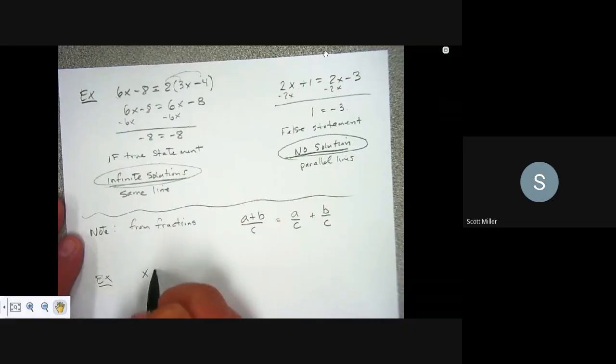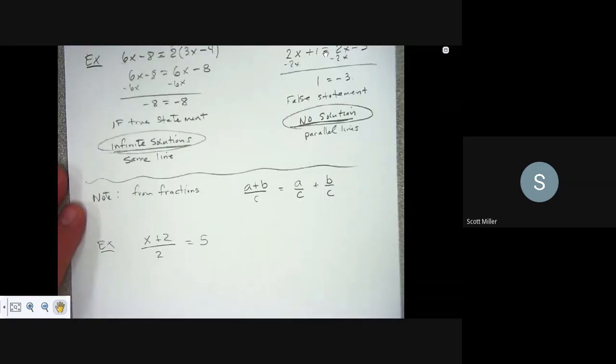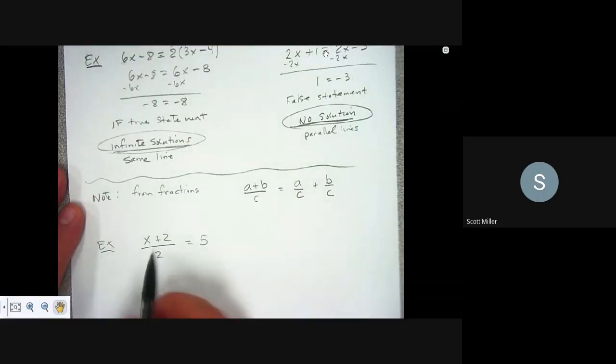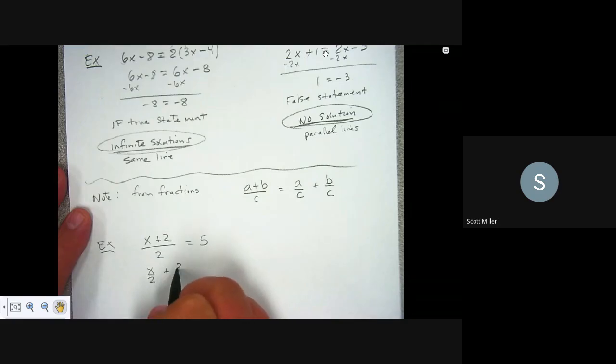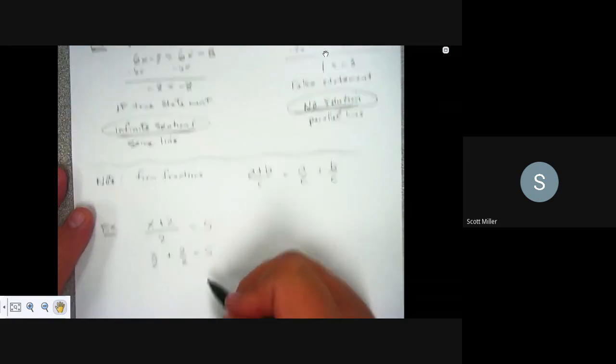What if you have an equation that looked like this? If I have an equation that looks like this, there's a couple things I can do. One of which is I can split this into two different fractions, x over 2 plus 2 over 2 equals 5. And then this is just simply a 1.